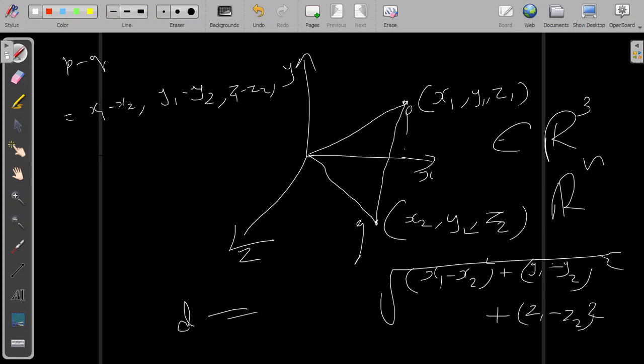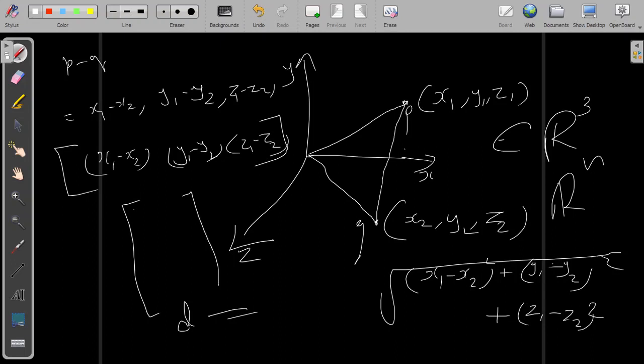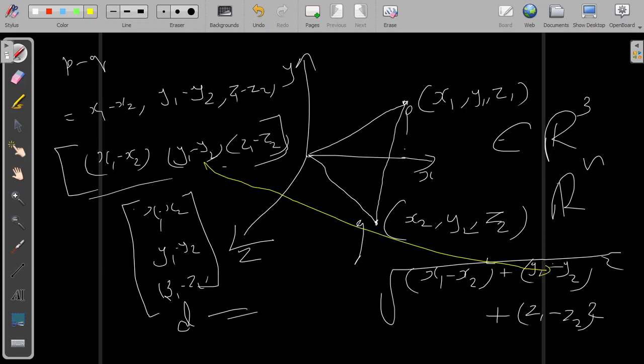Its transpose is the row matrix with first element x1 minus x2, second element y1 minus y2, third element z1 minus z2, multiplied by the column matrix with the same entries. Carrying out this matrix multiplication, row times column, product and sum, we get (x1 minus x2) whole square plus (y1 minus y2) whole square plus (z1 minus z2) whole square.